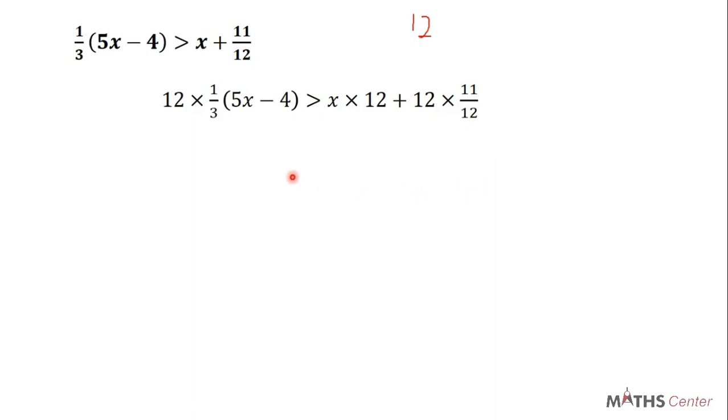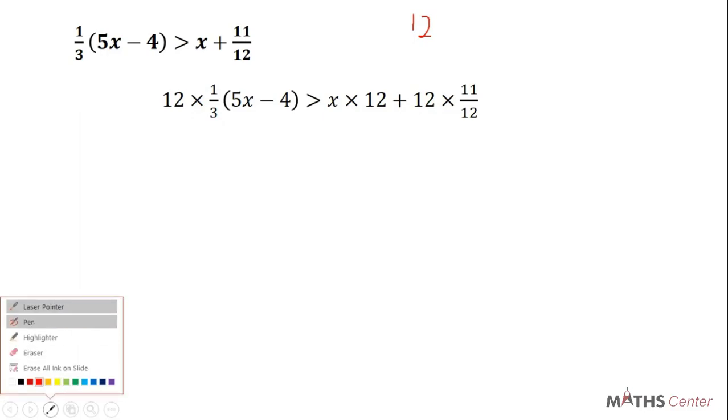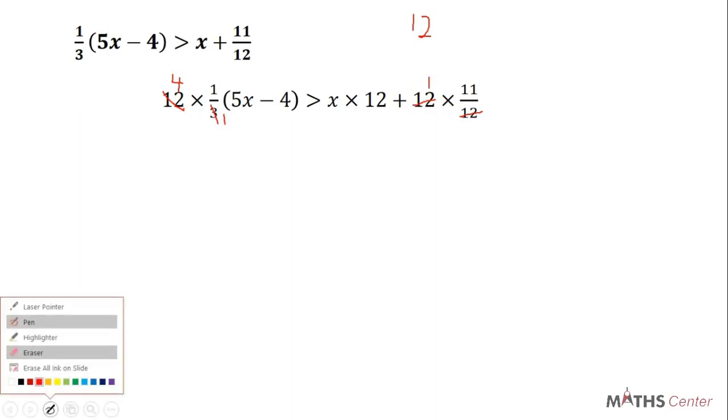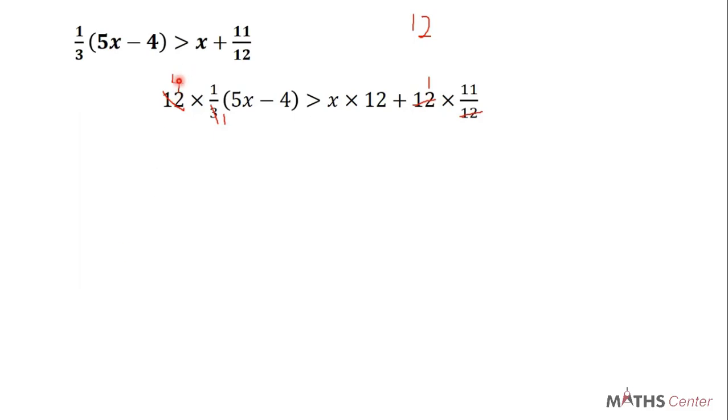From here, we simplify. 3 will cancel 12 four times. Now, 12 will cancel 12 once. So from here, we are going to have 4 times 1, which will give us 4.